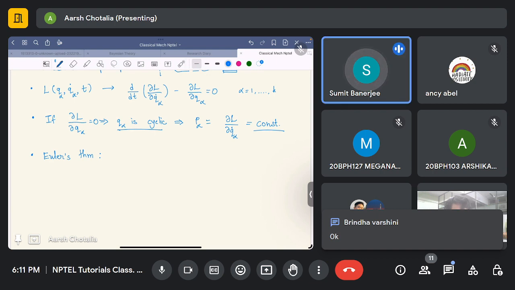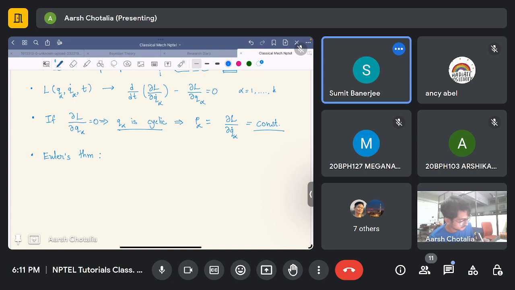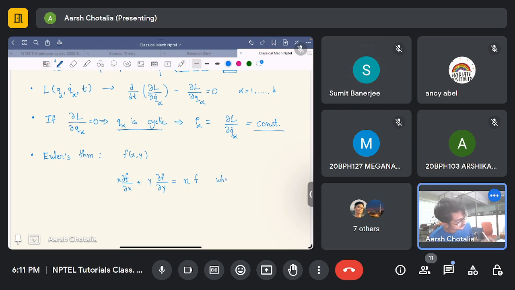The statement was if you take a function f of some x and y, then x times the partial of f with respect to x plus y times partial of f with respect to y will be equal to the function itself, I mean the degree of the function n times f of x, y, where n is the degree of homogeneity.